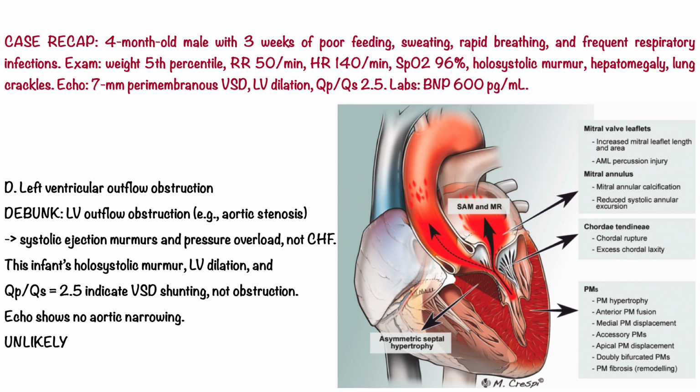Obviously, these are all reasons for left ventricular outflow obstruction. In PMs, that is papillary muscles, papillary muscle hypertrophy can occur. Anterior papillary muscle fusion, medial papillary muscle displacement, accessory PMs, apical PM displacement, doubly bifurcated PMs, and PM fibrosis, which is also remodeling, can occur. So these are the causes for left ventricular outflow obstruction.